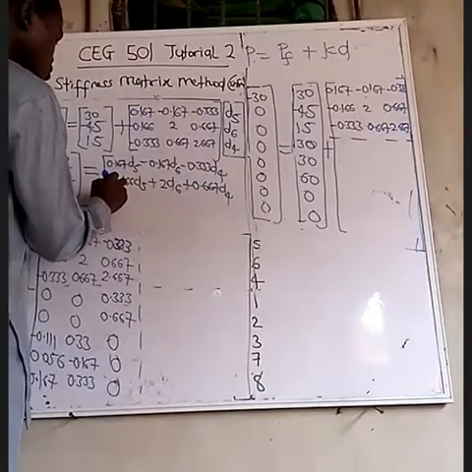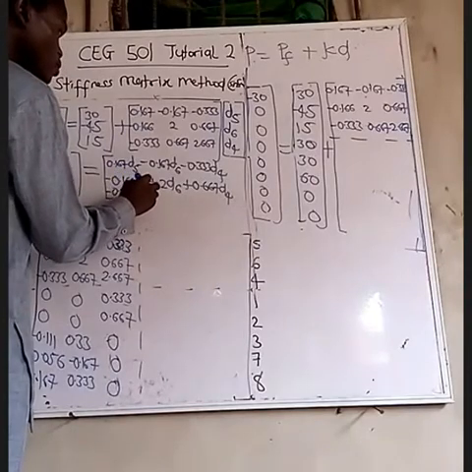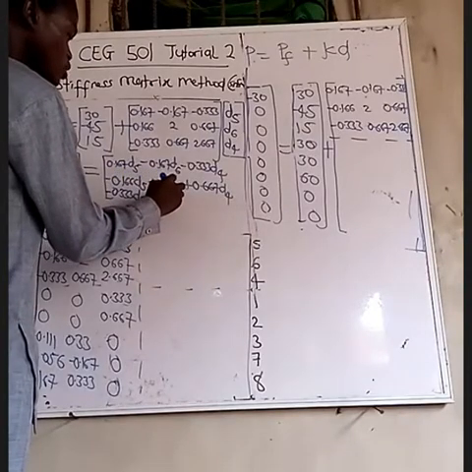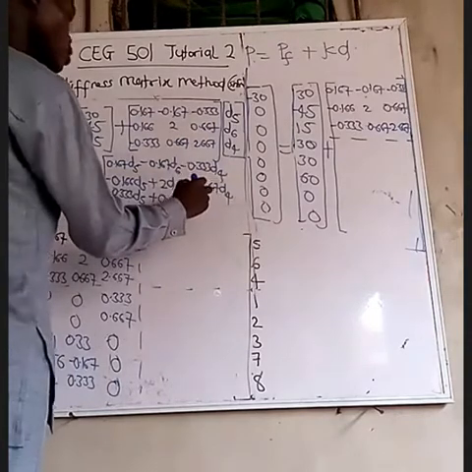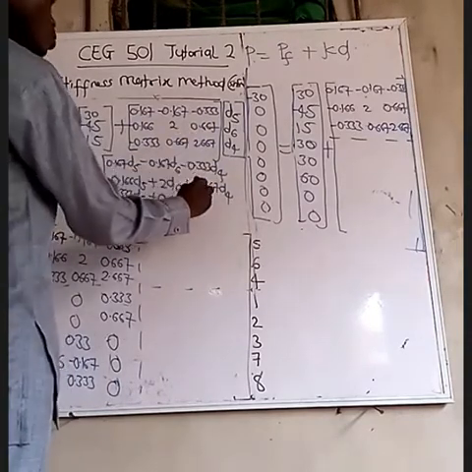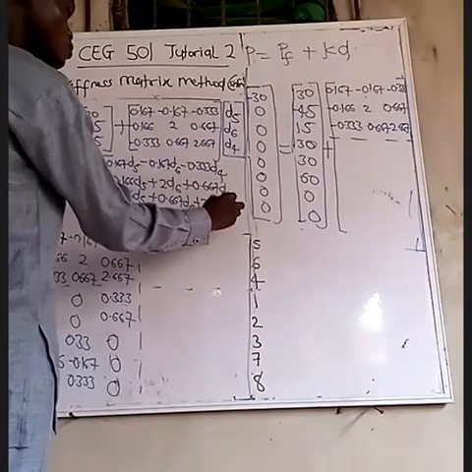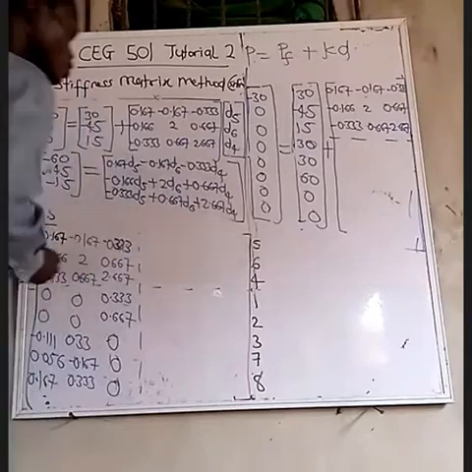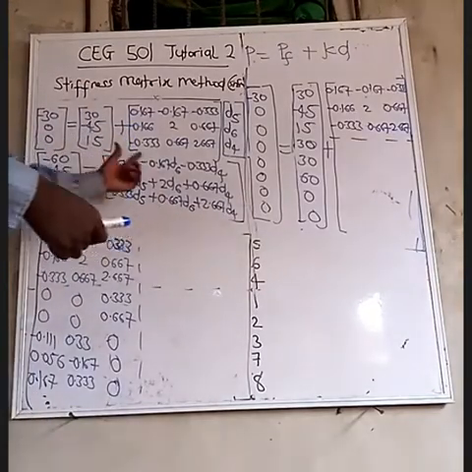Minus 0.333 D5 plus 0.667 D6 plus 2.667 D4. So what's next? Just use the calculator to obtain D5, D4, D6.